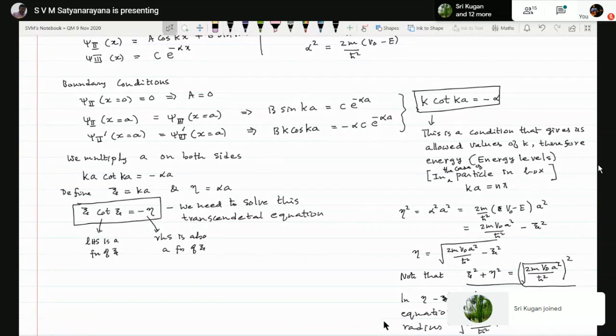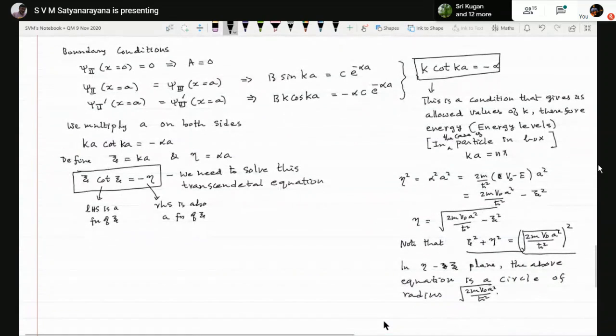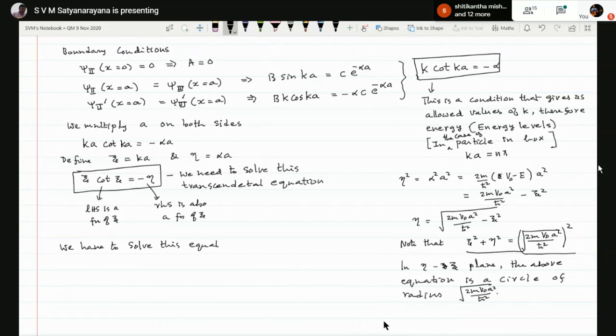So we have to solve this equation. There are two ways to solve it. One is a graphical method, or you can solve it computationally using something like the Newton-Raphson method.